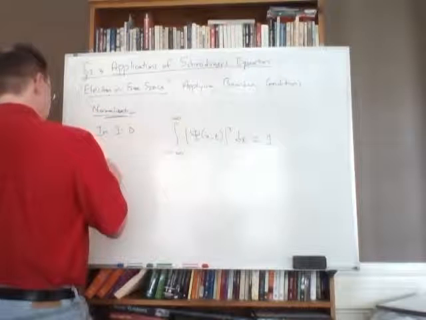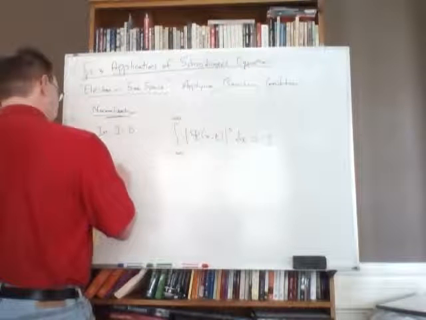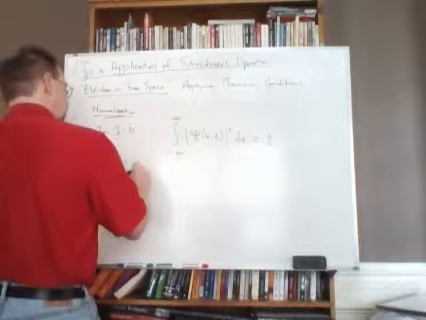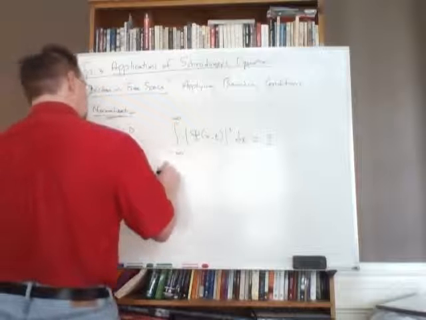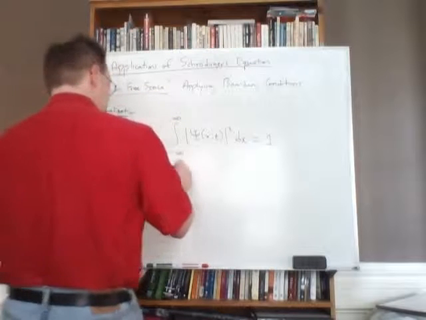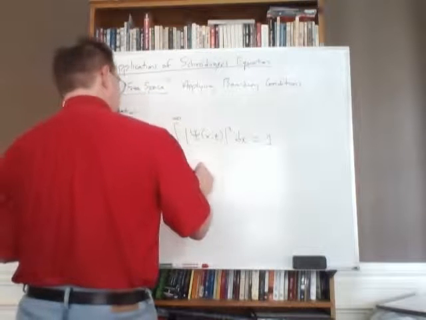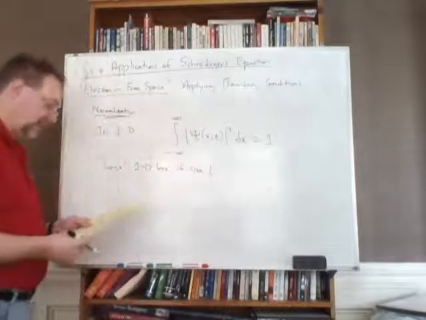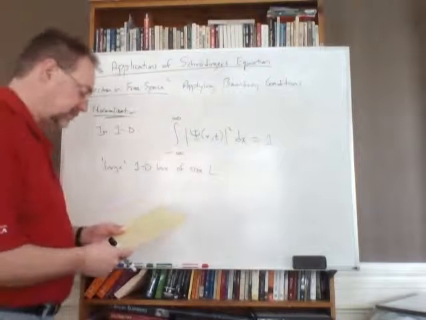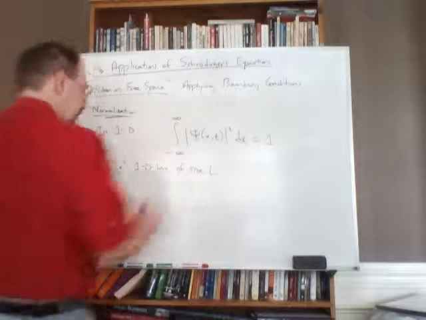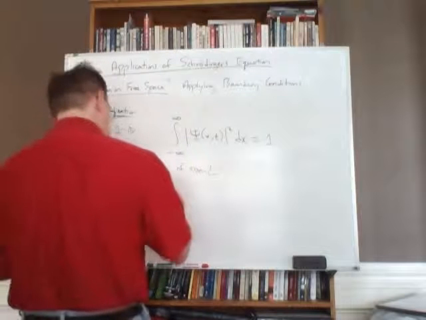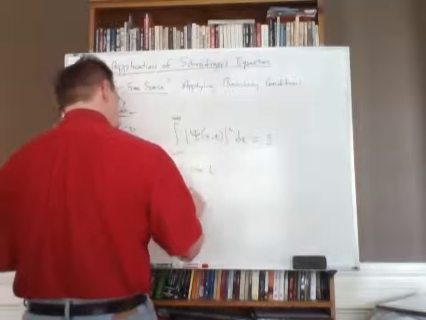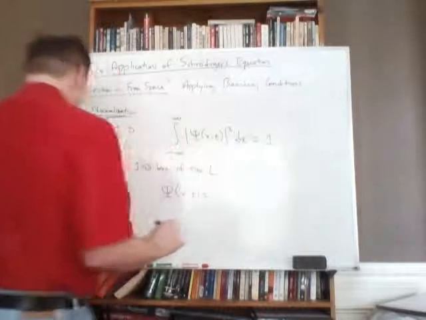So we have a large one-dimensional box of size L. So L is the dimension of our box. And we have our wave function, just to summarize what we've got here.